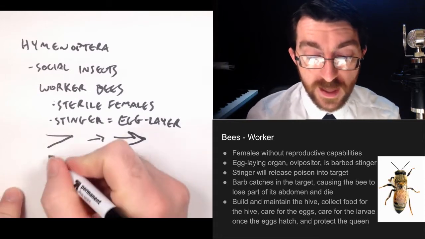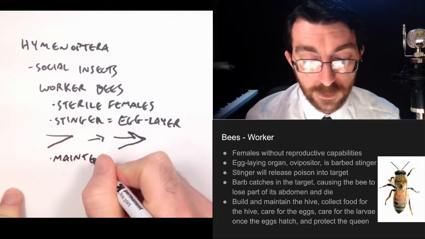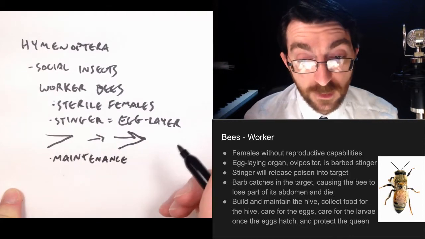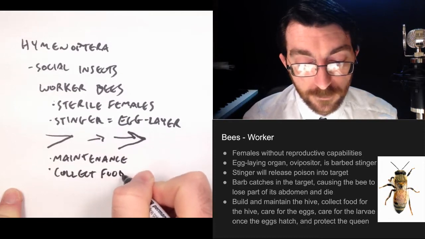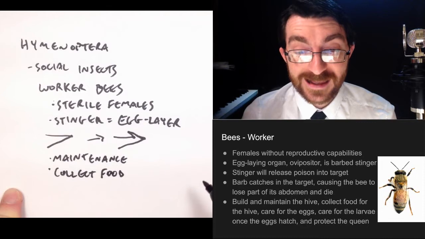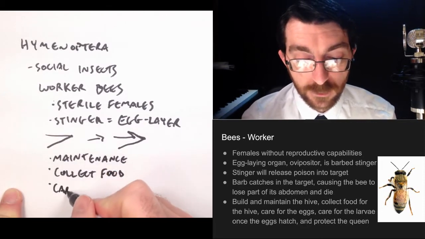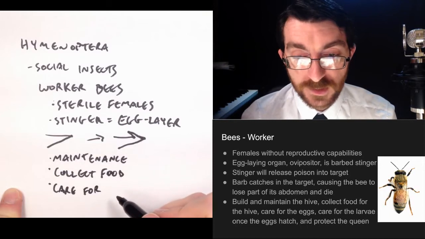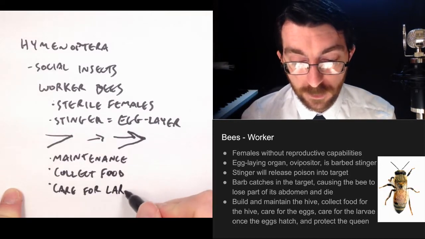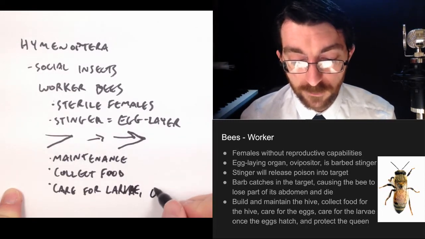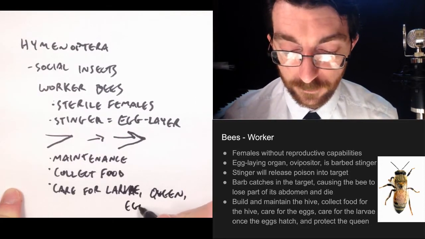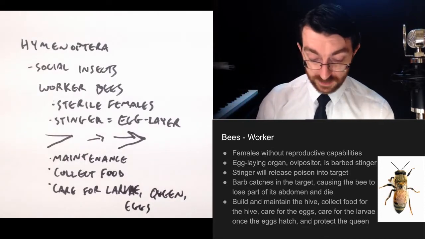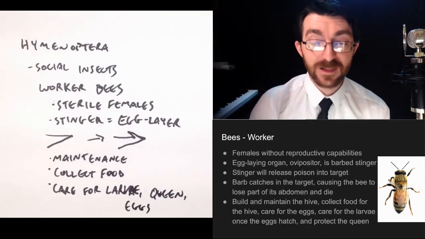So they do maintenance, build and protect, collect food, and take care of the larva, queen, and eggs. I'm misspelling everything. I know there's not much good in writing notes that are so messy you can't read them, so I'm saying it out loud. I'm sure you can figure it out.